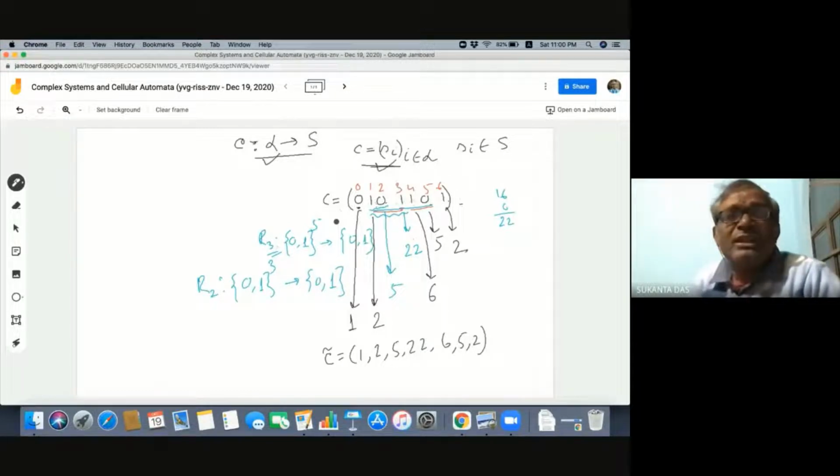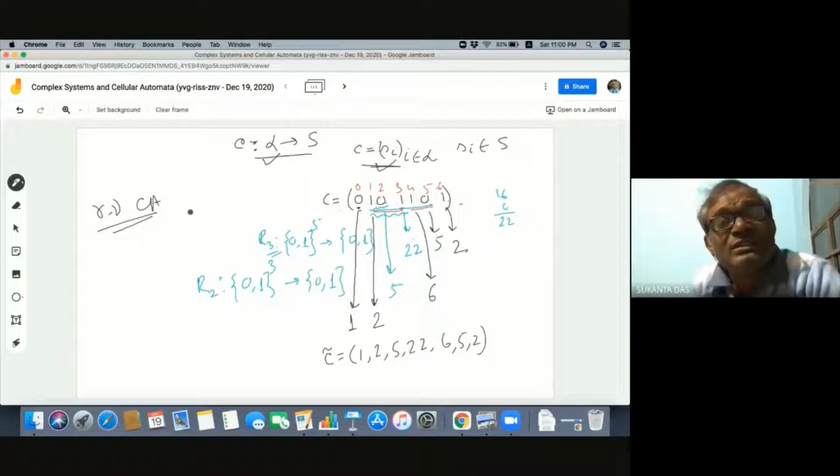However, you may recall that some time before we have talked about RNUCA. What is RNUCA? All the cells use rules of the same radius.